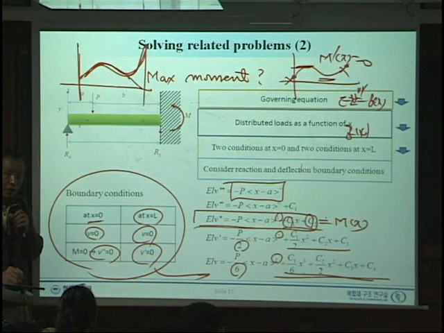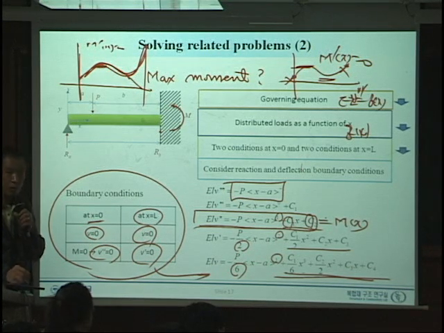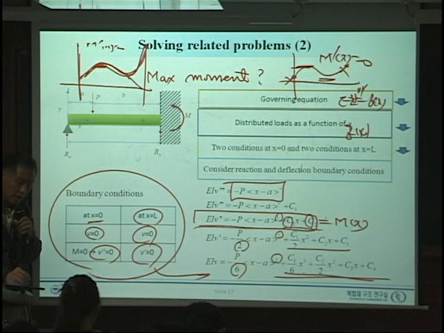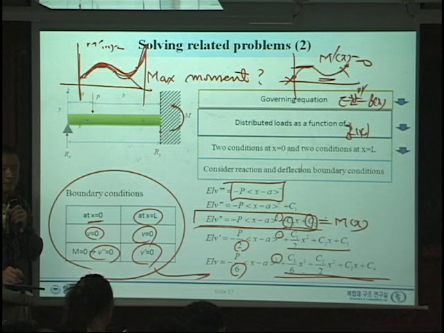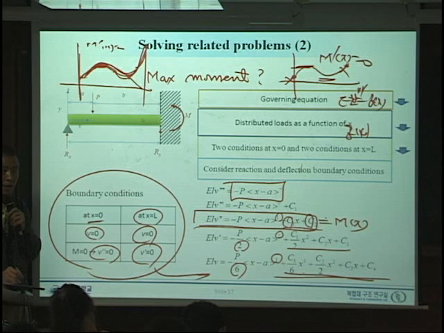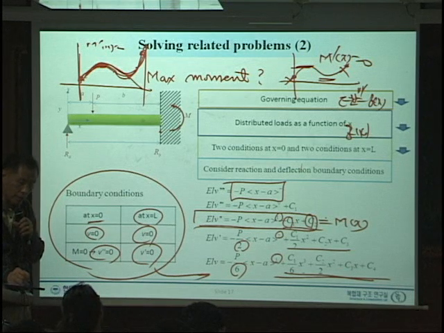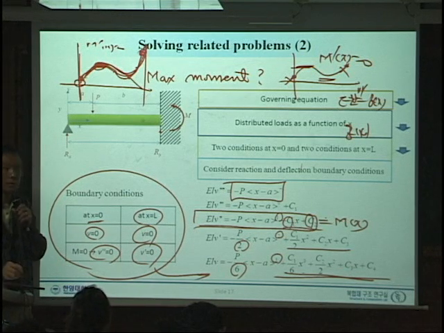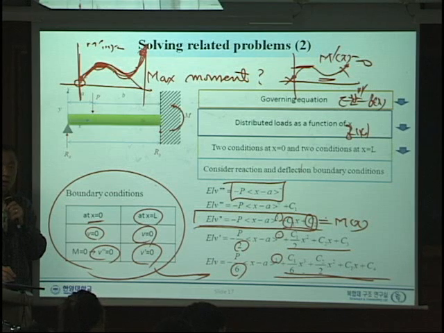And first you set prime equals 0, which will give us this point, right? High hill or low hill. That's one thing. And also you need to check these two ends, because you don't know which one will reach the maximum. Right?